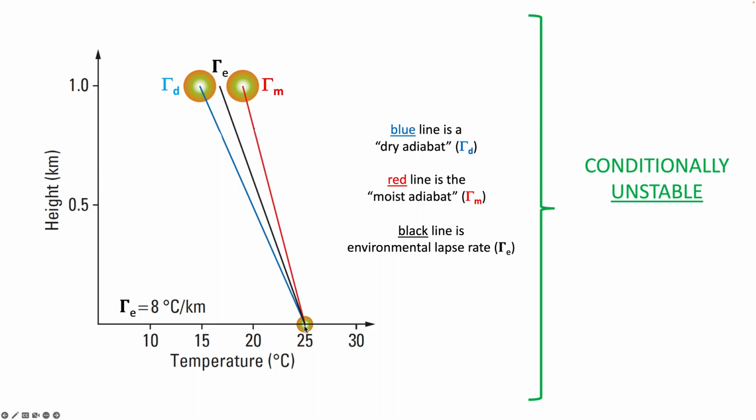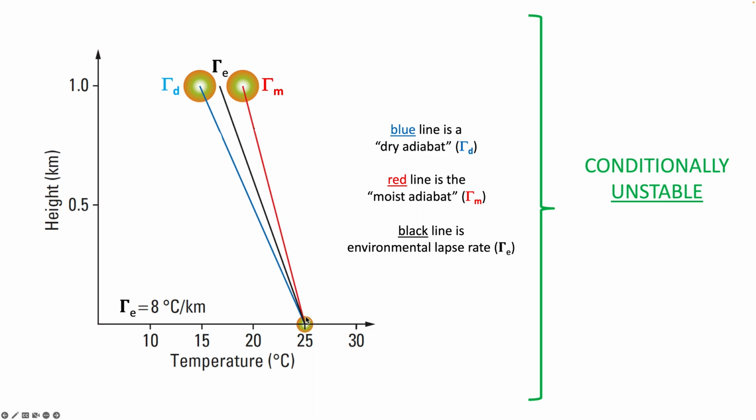The environmental lapse rate is 8 degrees Celsius per kilometer, so the air in the surrounding environment is going to cool 8 degrees, from 25 to 17, going up from the surface to 1 kilometer. So the parcel has a temperature of 15 degrees at 1 kilometer, while the environment has a temperature of 17 degrees. The dry air is going to be colder and more dense than the environment, and so the dry parcel is going to come back down to the surface. Stable.